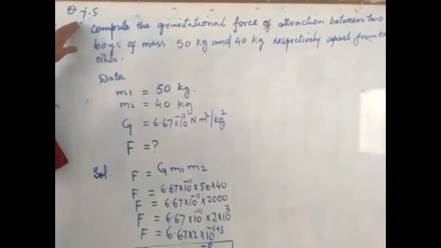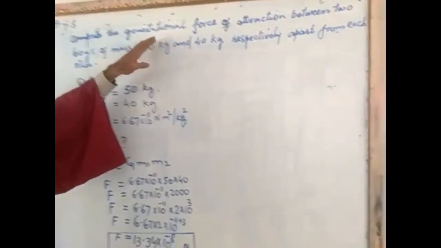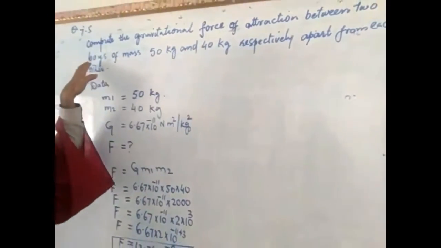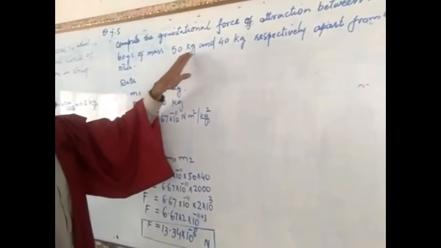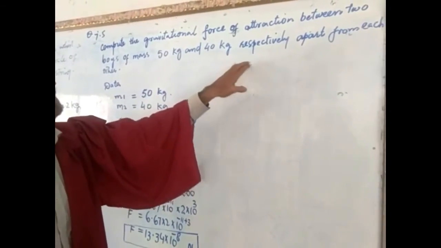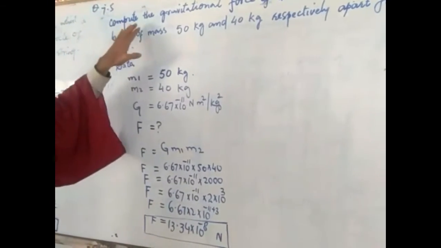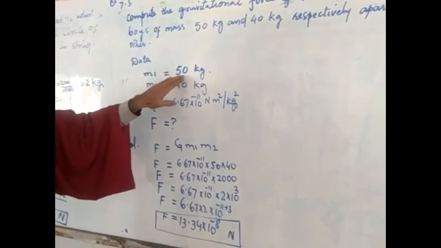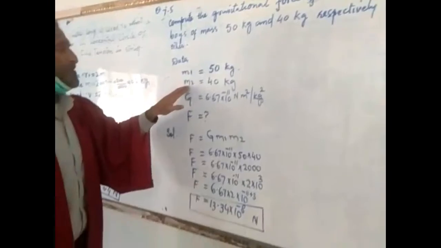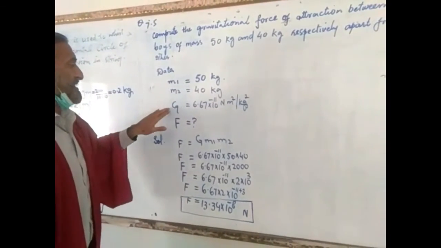Now the next problem, 7.5. Compute the gravitational force of attraction between two balls of masses 50 kg and 40 kg respectively, apart from each other. Here mass M1 of ball 1 is 50 kg, mass M2 is equal to 40 kg.